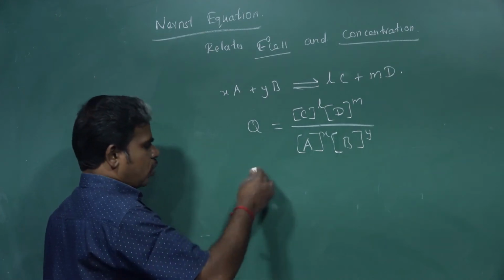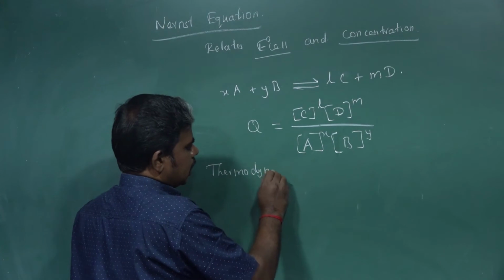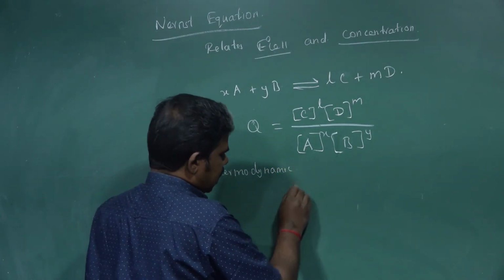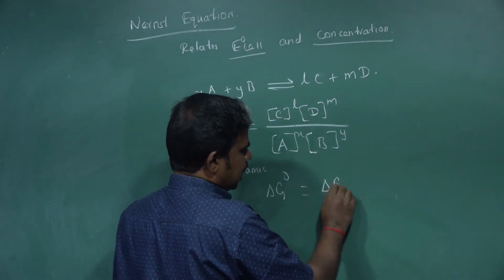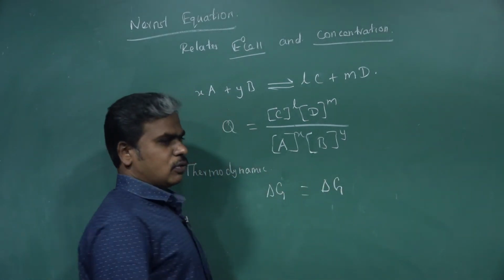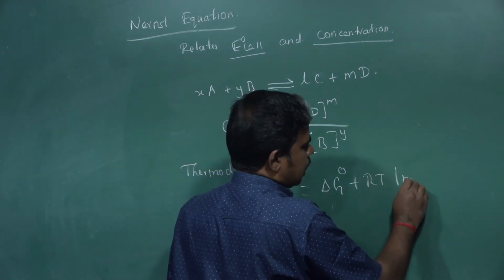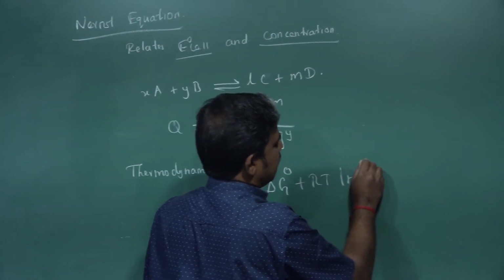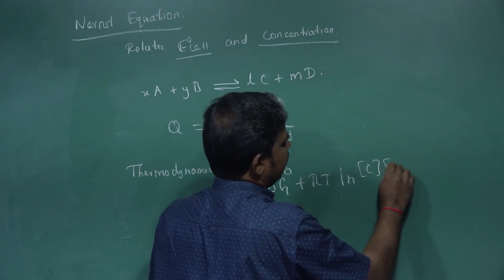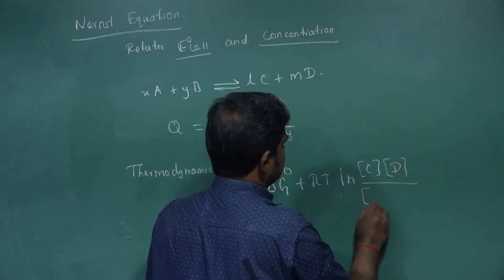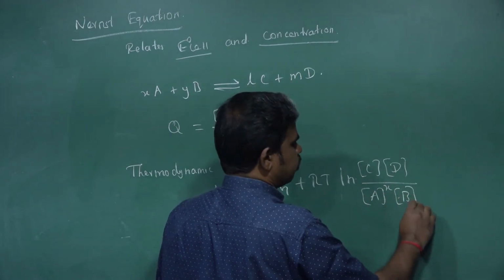So we are taking the Q value, and according to thermodynamics, we are taking the thermodynamic equation: delta G is equal to delta G naught plus RT ln K, where K is the concentration of C power l into concentration of D power m divided by concentration of A power x and concentration of B power y.